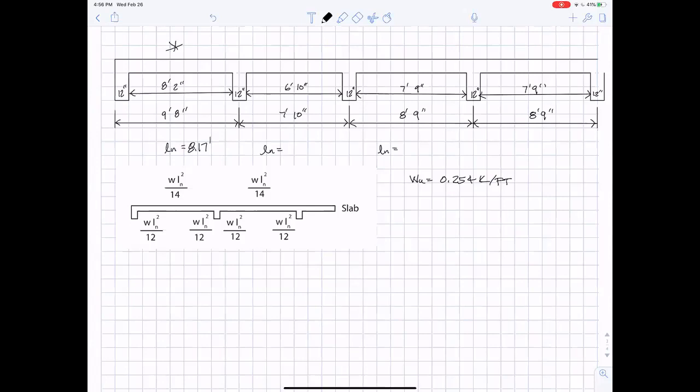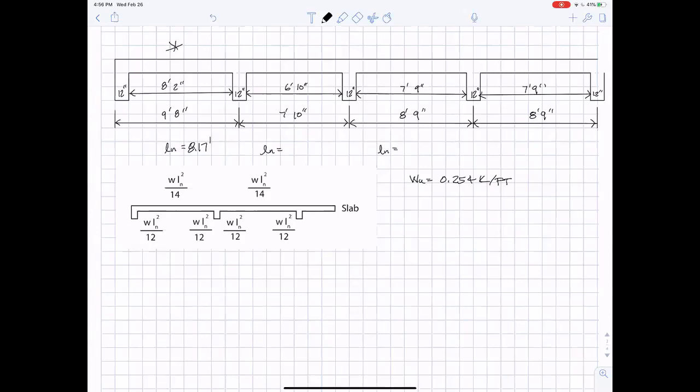Let me calculate the moments. WL squared over 12, which, if you've taken a structural analysis class, is the fixed end moment. Okay, 0.254 times, oh, I did something wrong. Okay, 8.17 squared, 0.254 is W, divided by 12.